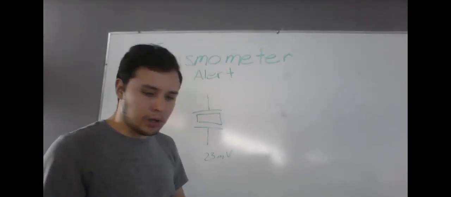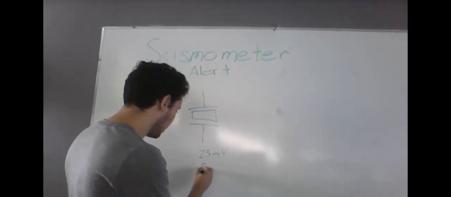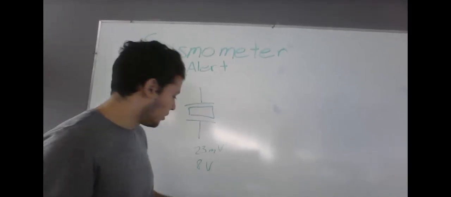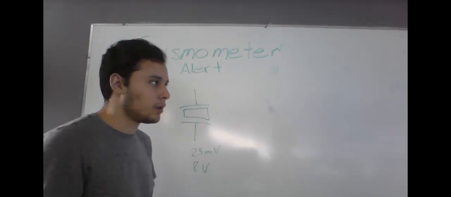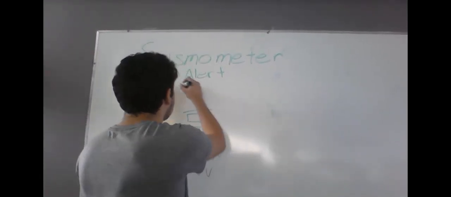When we have vibrations, it can go to 0.8 volts, and in this range we will have an oscillation.